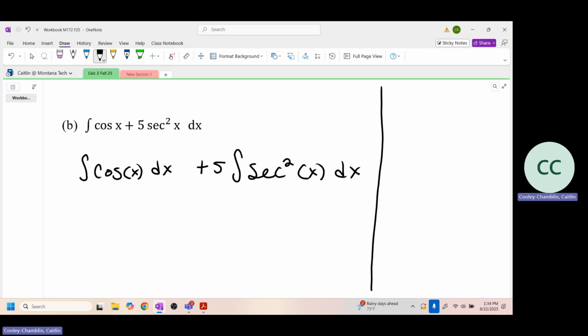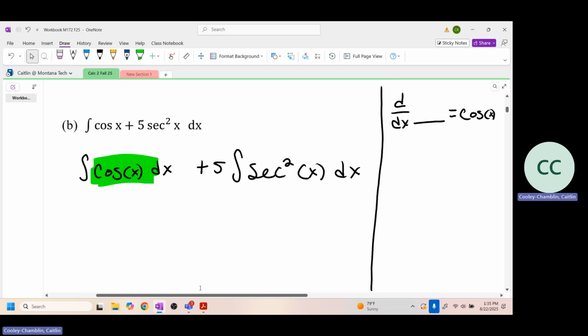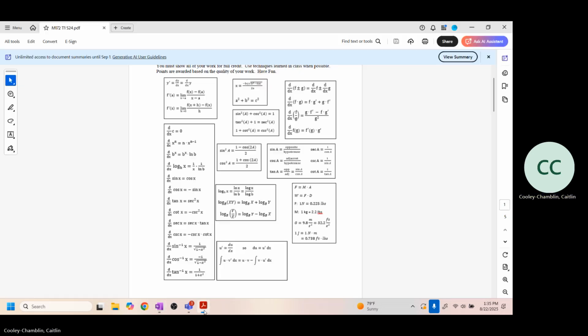Hopefully I gave myself enough room. And the first thing I'm going to do is ask, what derivative gives me cosine of x? So the derivative of what function gives me cosine of x? And what I'm going to do is go to my little formula sheet.